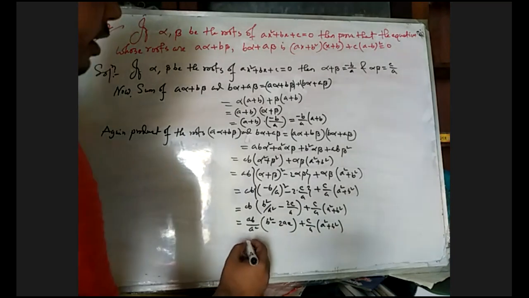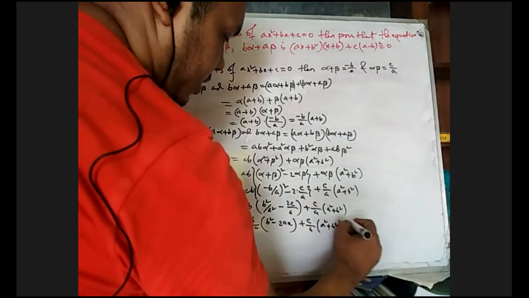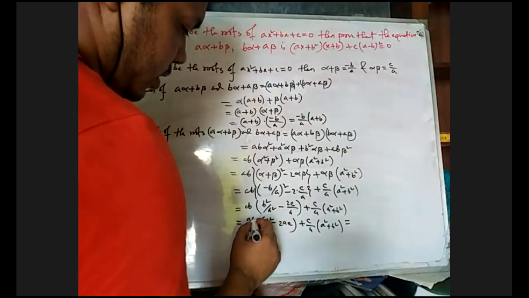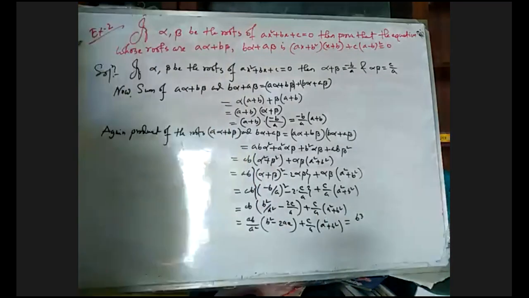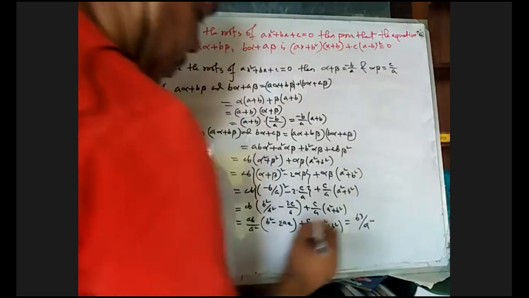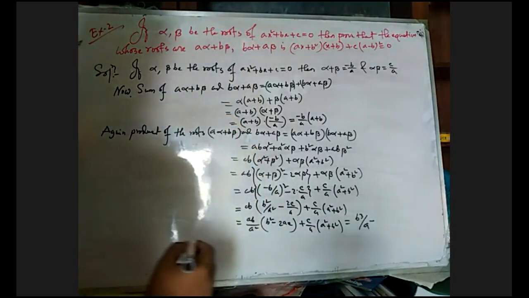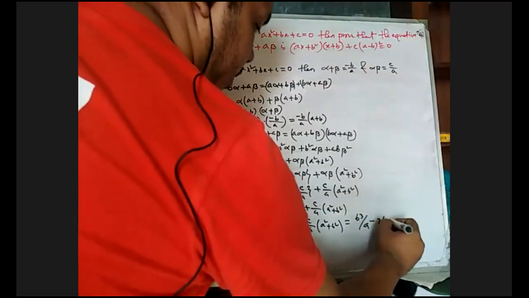So from this line, we get a cancelled, then we get b cube by a, and minus twice bc.